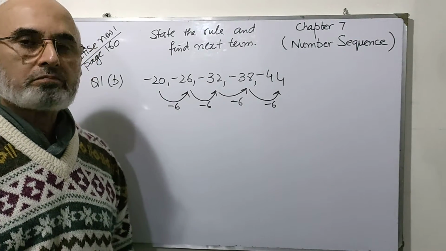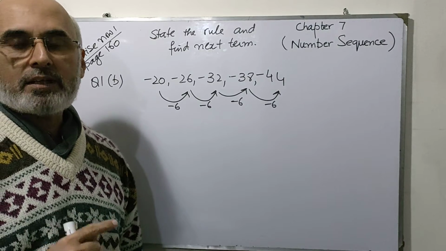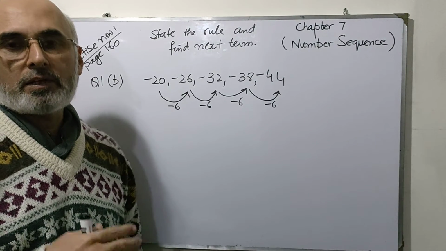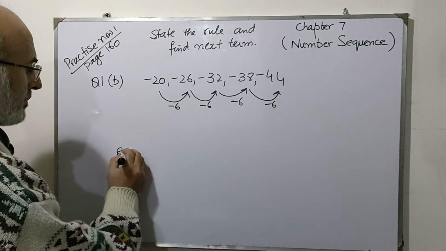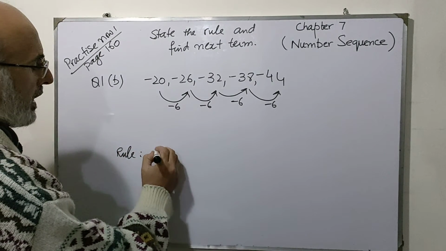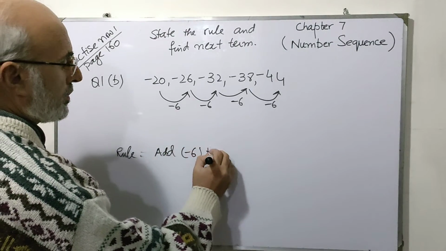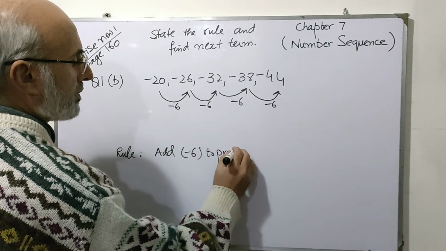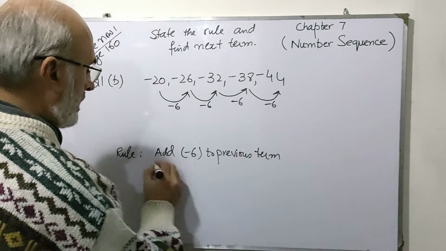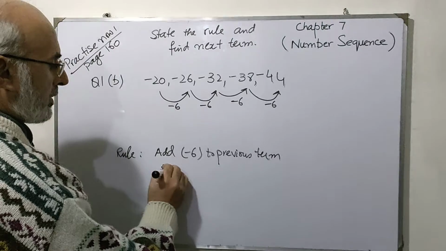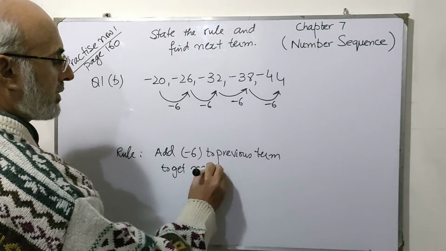If we add -6 to the previous term, we get our next term. So the rule is: add -6 to the previous term to get the next term.